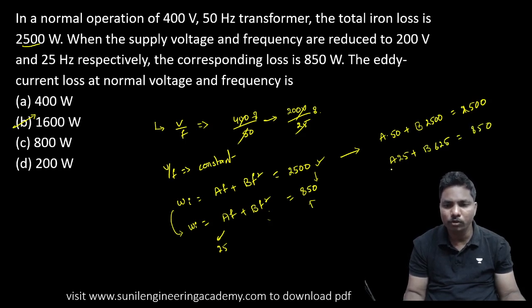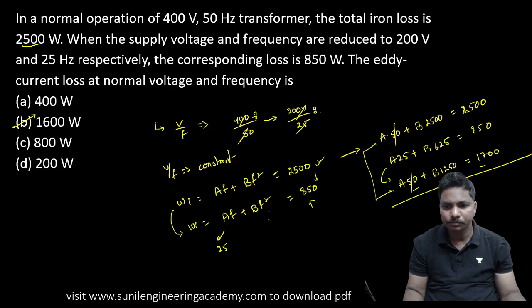So you need to multiply by 2. Then A 50 plus B 1250 is equal to 1700. So from these two you solve, then you will get the answer. That is, 1250B is equal to 800. Then what is B? B is equal to 800 by 1250.